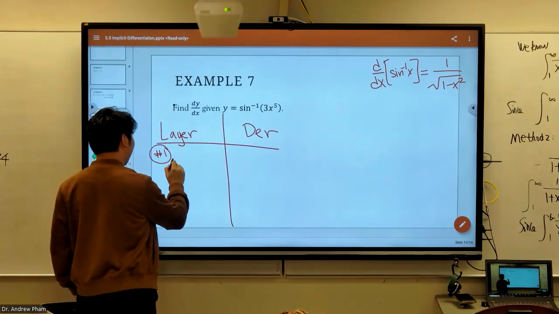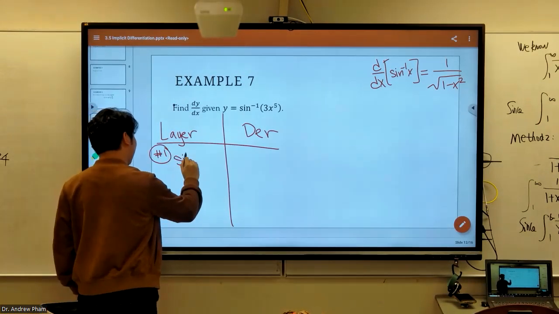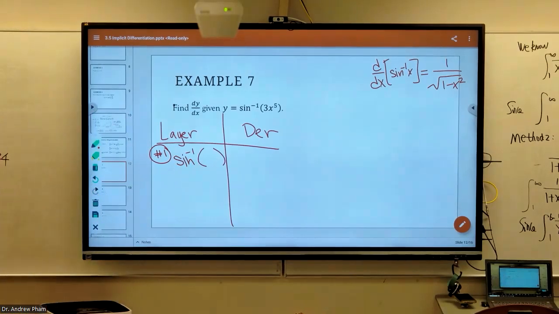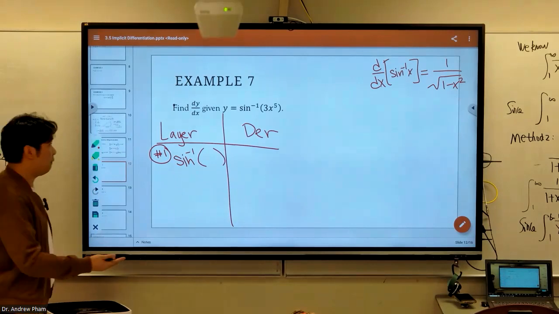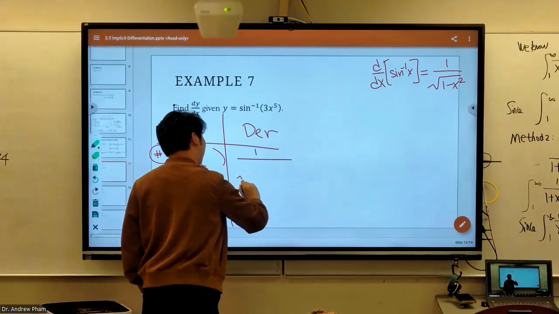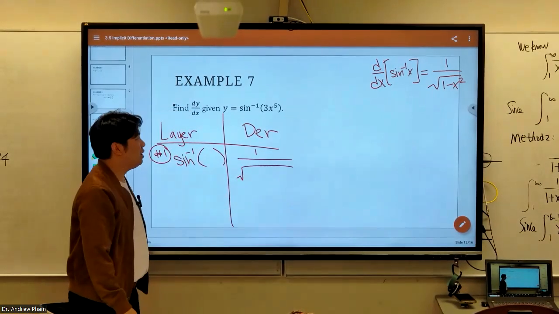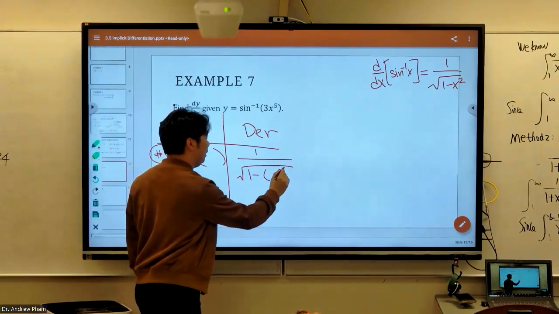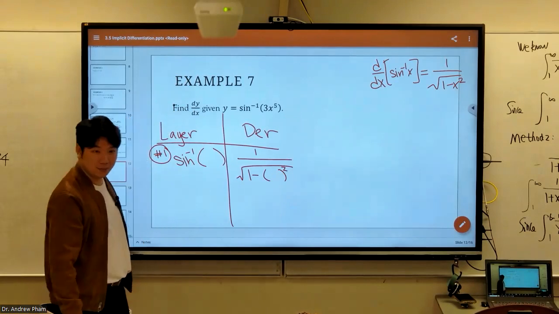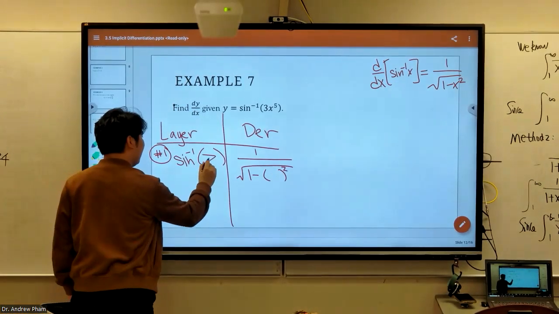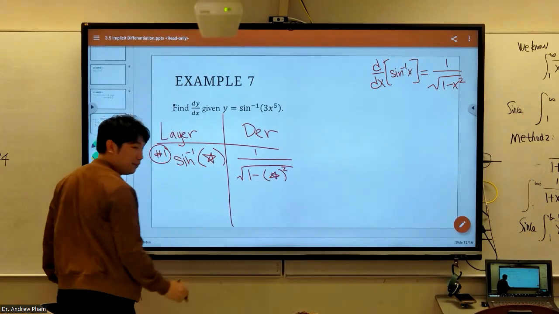They're interchangeable. Sine inverse of whatever. And we know what the derivative of arc sine is. Usually the derivative of arc sine is what I have up there. But I have to be a little bit careful because it's not going to be 1 minus x squared. It's going to be 1 minus that same layer squared. In other words, whatever is in here, that's going to go into this layer.